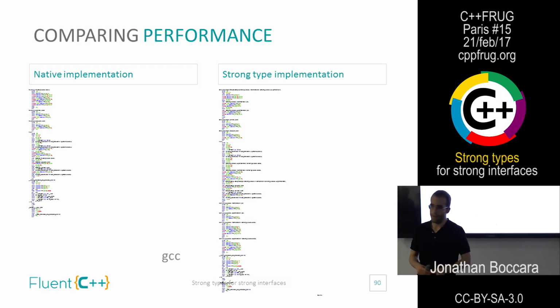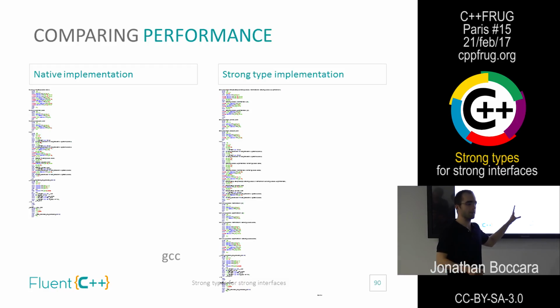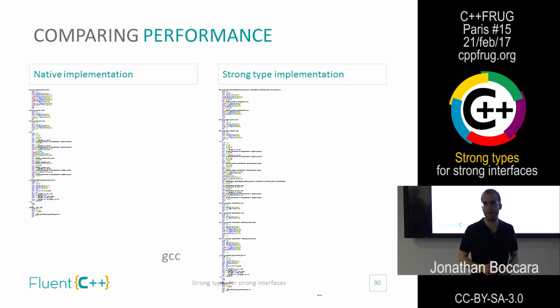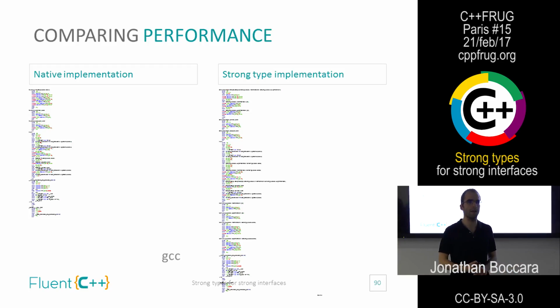So if the strong types happen to be in that bottleneck, then you care, and maybe you can't afford expressiveness. But for the most part, you just don't care. So you get expressiveness, and it won't have an impact on performance. But what you're 100% sure of is that the code will be more expressive, and that has value.